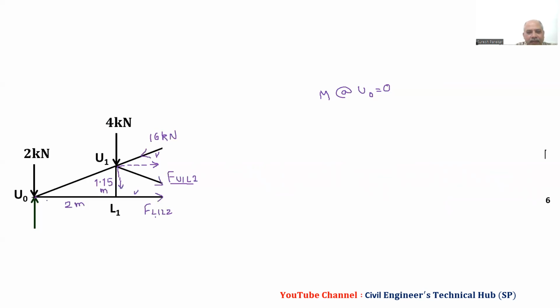We can find it by taking moment about U, but we are not preferring this because in that case we have to find these angles. But if you look carefully, we know this 16 and we know the reaction 12 kilonewton. So we have only one force in vertical direction, and that is U1 U2.